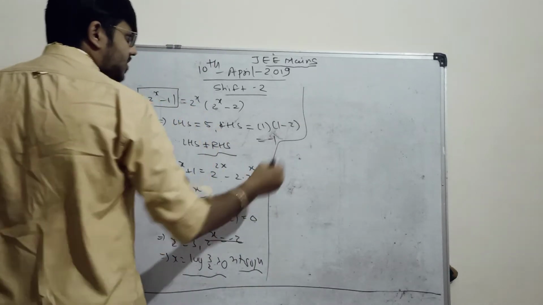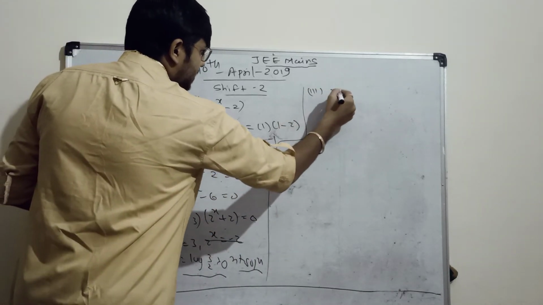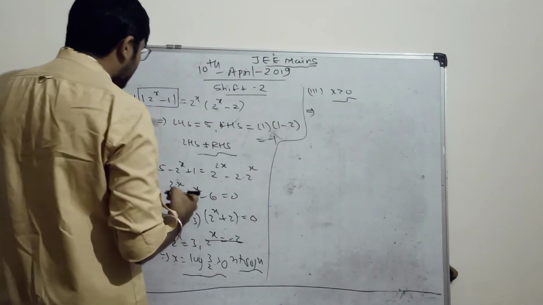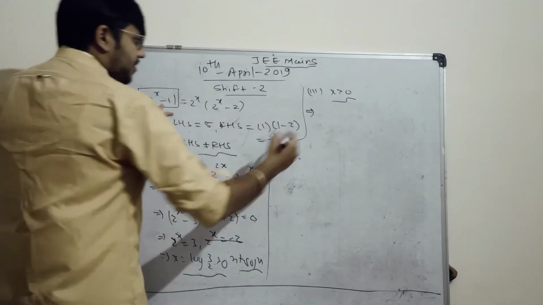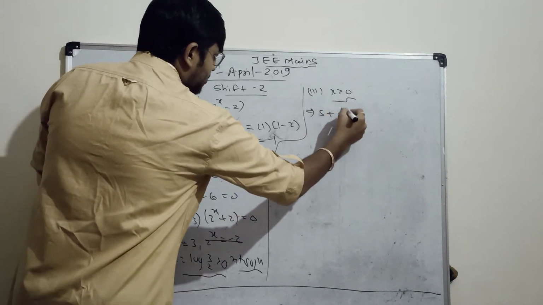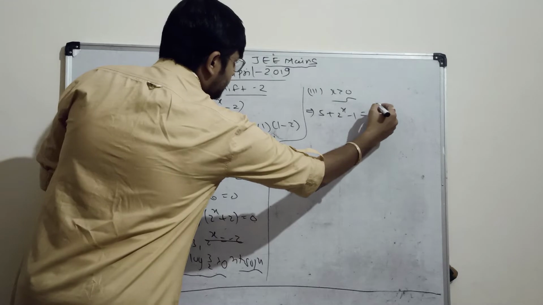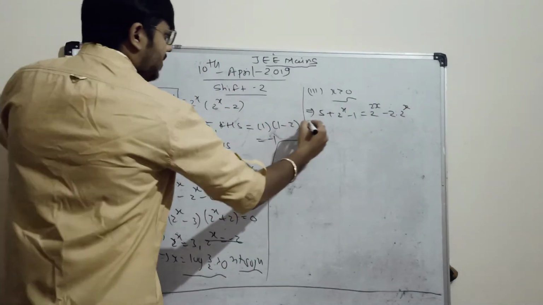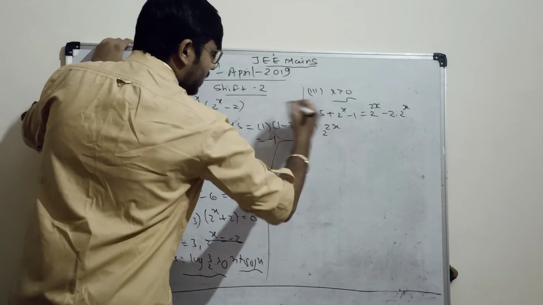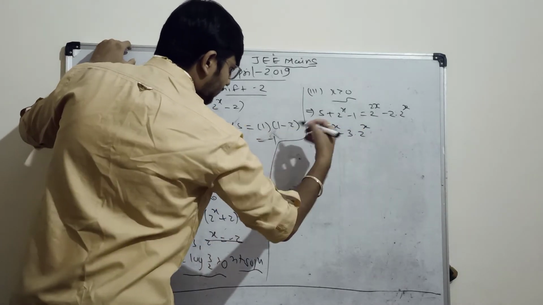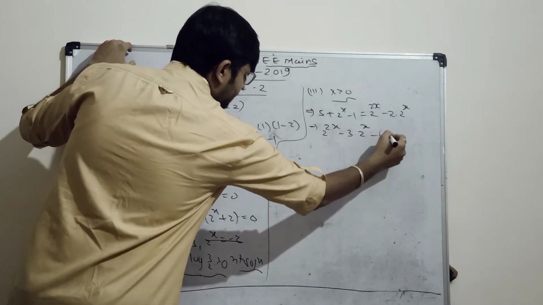In the third condition, let's take x greater than 0. So for x greater than 0, the modulus will be the positive one. So 5 plus 2 raised to x minus 1 equals 2 raised to 2x minus 2 into 2 raised to x. So now it will be 2 raised to 2x minus 3 into 2 raised to x, and minus 4 equals 0.